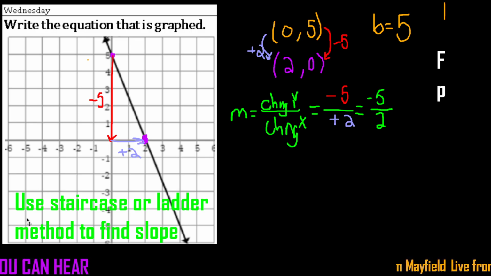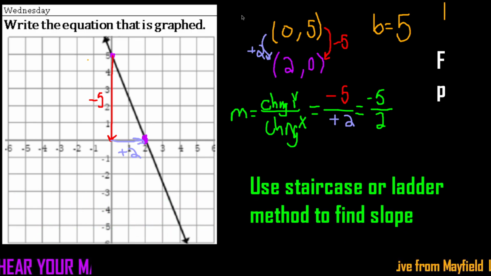And that pattern should work for each of those ordered pairs. So from this new point of 2, 0, I should be able to go down 1, 2, 3, 4, 5. So I said -5. And I should be able to go over 2 and hit my next ordered pair.